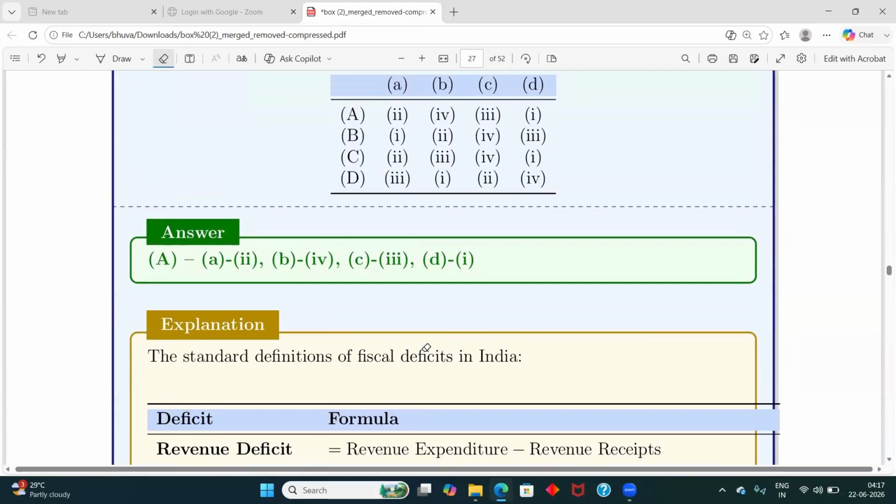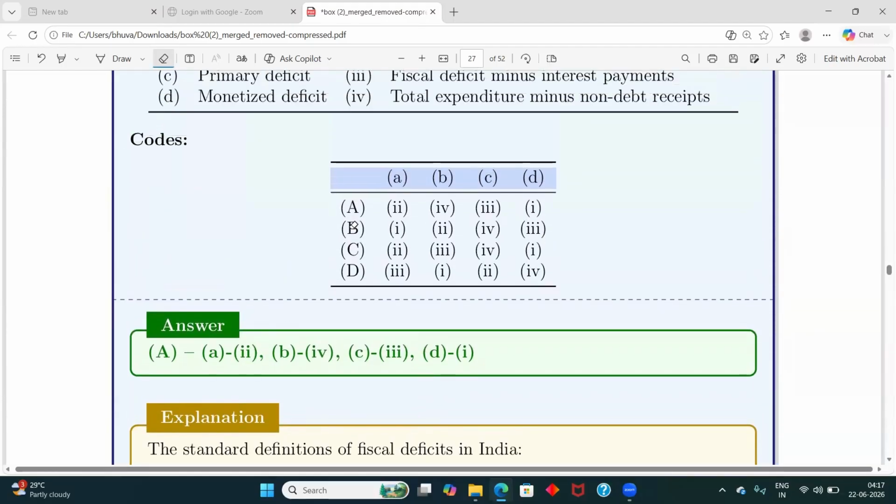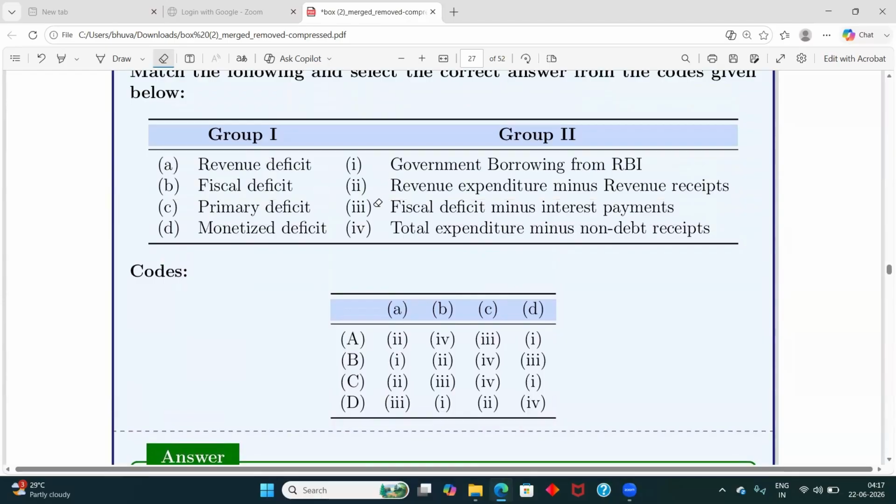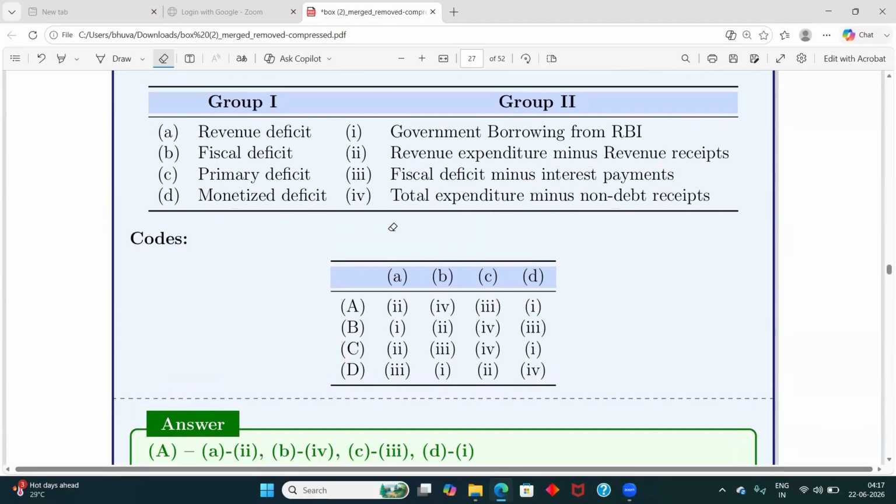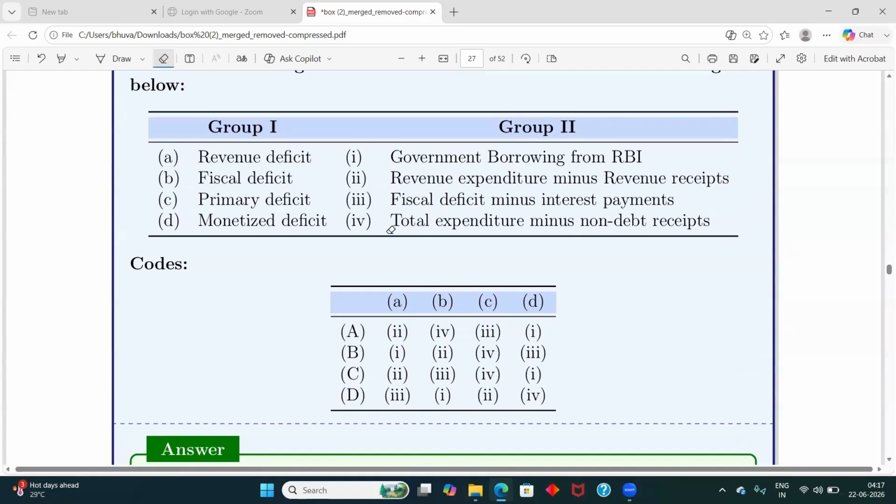So the correct answer is A. Revenue deficit is revenue expenditure minus revenue received, so A matches 2. So eliminate options B and D. Fiscal deficit is total expenditure minus non-debt receipts, so B matches 4.